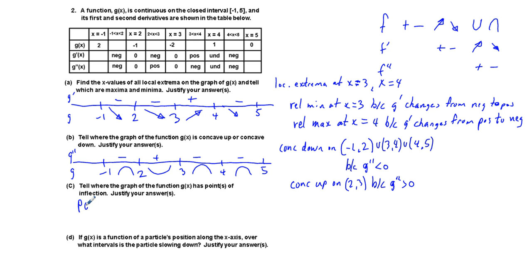So we have points of inflection at x equals 2 and also x equals 3, because g double prime changes signs. I'd like to say from positive to negative, or from negative to positive.